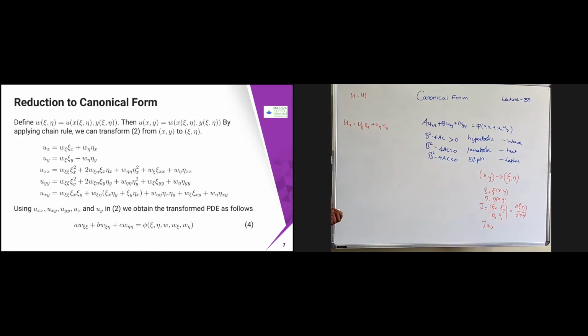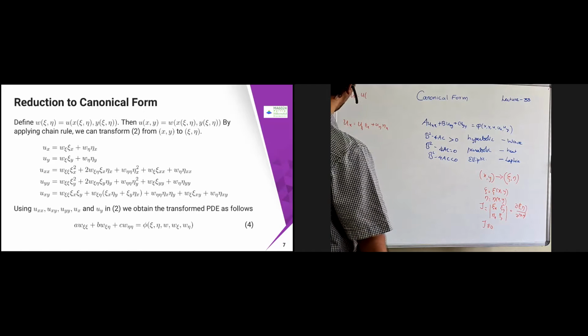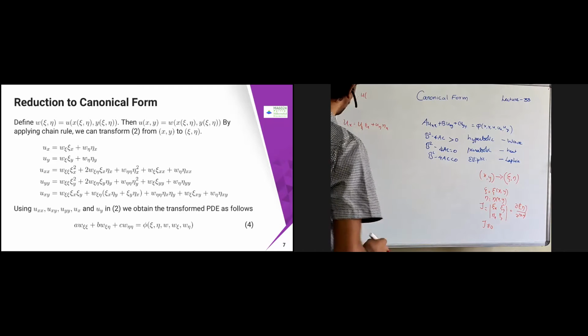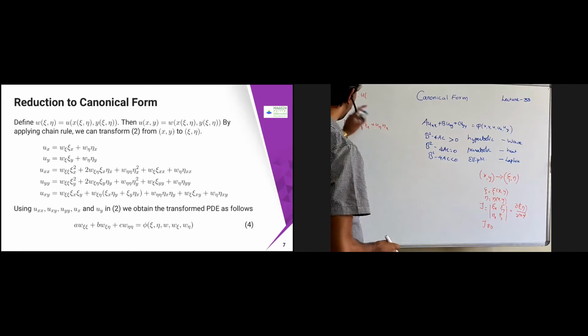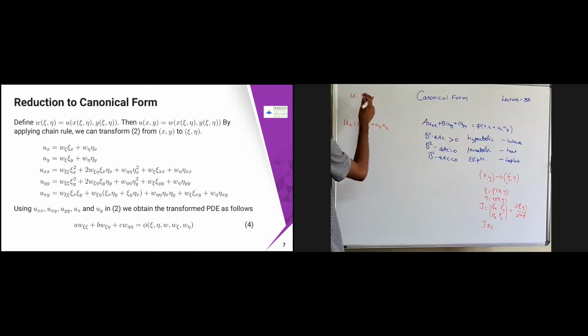In some textbooks they put u chi and u eta, but I am going to use it in a different way. I'm going to put a different notation, w. So w of chi comma eta is u of x comma y.